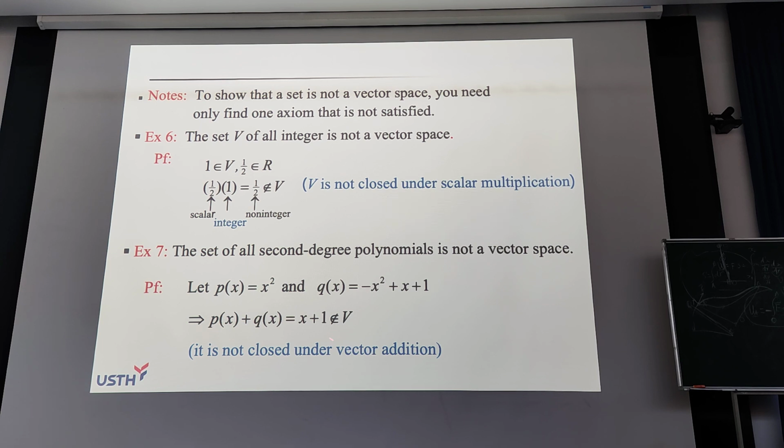So x plus 1 does not belong to the set, and property number 1 in the 10 properties of a vector space is not satisfied. Once again, I call your attention to property number 1 and property number 6. It is very, very important for you to remember.